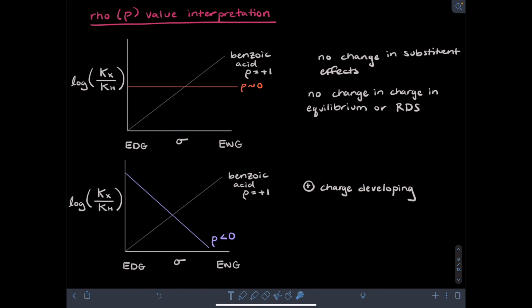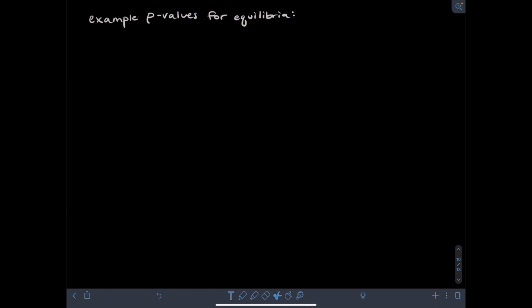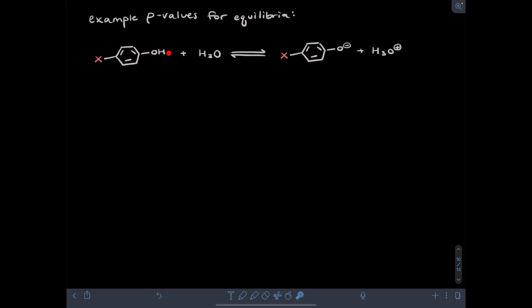I want to show you 3 examples of chemical equilibria and their rho values, and a little bit about how I would interpret these. The first equilibrium involves what are known as phenols, OH group substituted aromatic rings, where here as well we have an X para-substituent relative to that alcohol group.